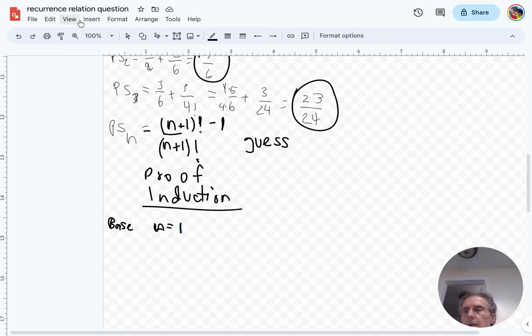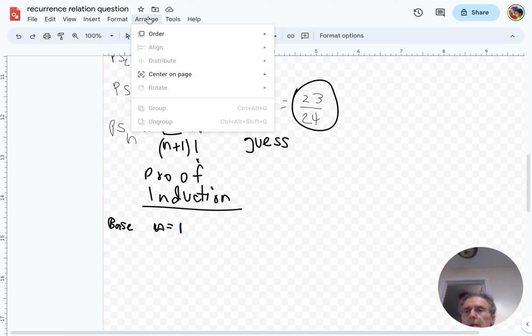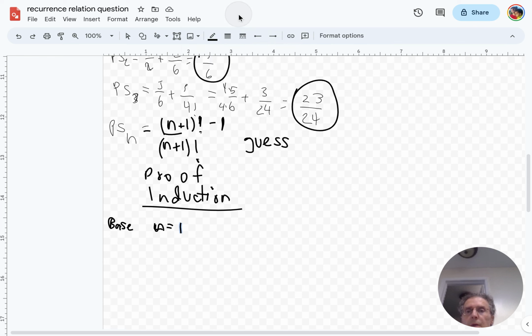Maybe under format, border lines, fill. How do you erase? Guess you have to be in a different mode to erase. It's crazy. I guess you have to select and delete. Yeah, maybe there is no erase mode. Crazy, crazy, crazy. Okay.